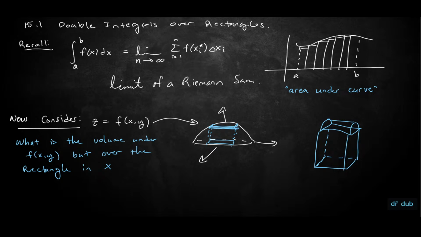And we'll call that rectangle R. So we're trying to find this volume in here, above this rectangle, under the surface z equals f of x y.